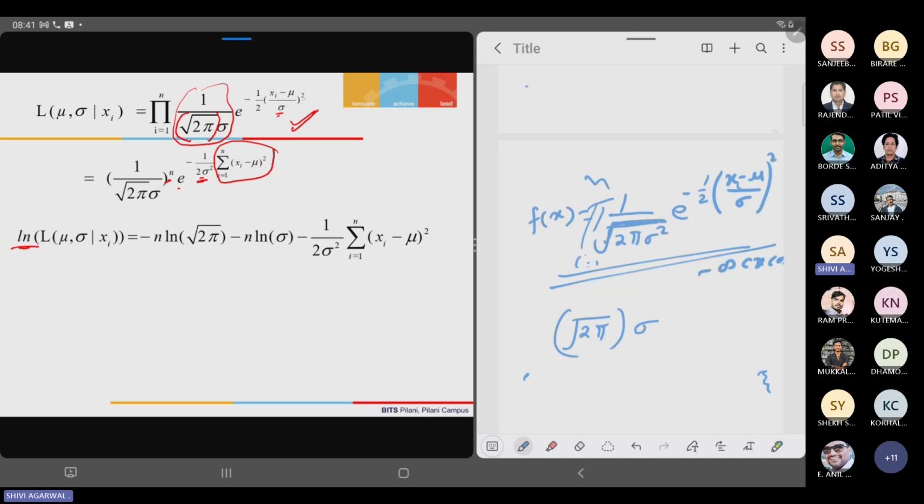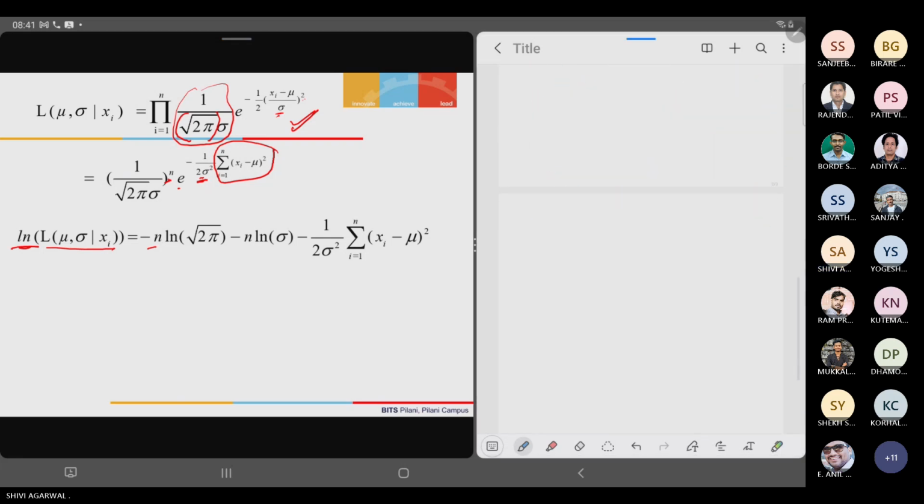The logarithm function will become 1 upon square root of 2 pi sigma whole to the power n, e to the power minus 1 upon 2 sigma square summation i equal to 1 to n xi minus mu whole square. Correct?